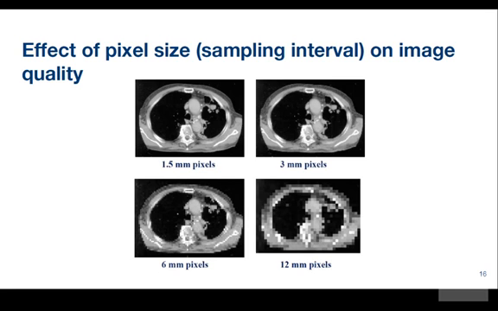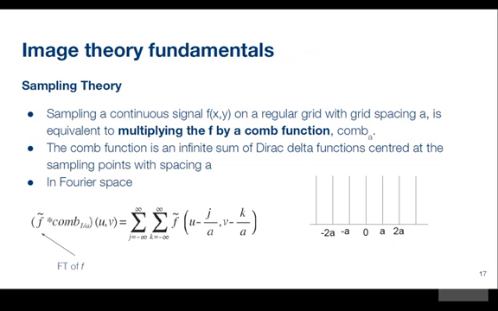And if we go out to 12 millimeter pixels, then we lose a lot of information there. So you can see that the difference between these is not so obvious, and if we were to go to 0.75, we would hardly notice it at all, on this sort of screen, at this sort of projection size.